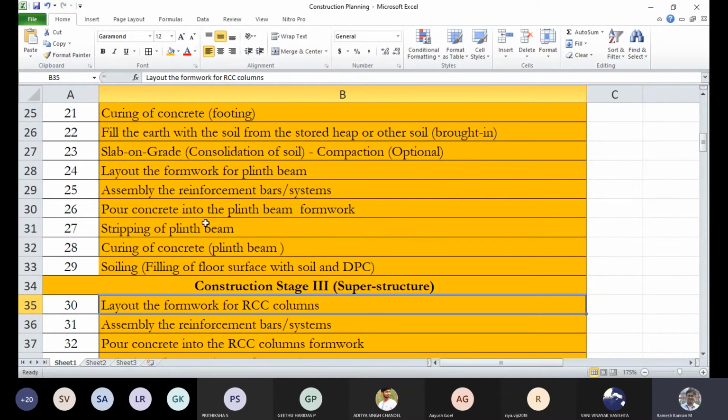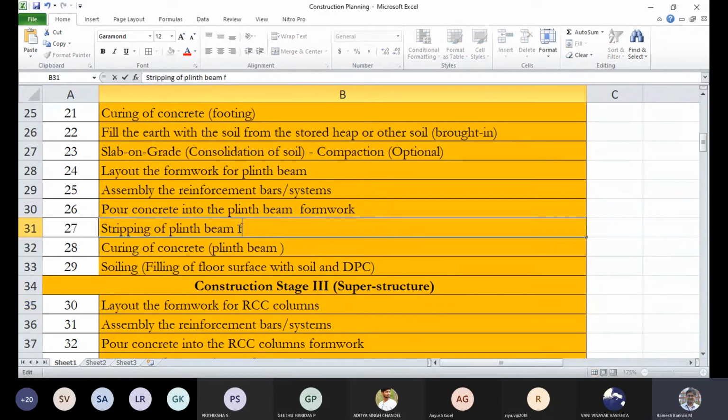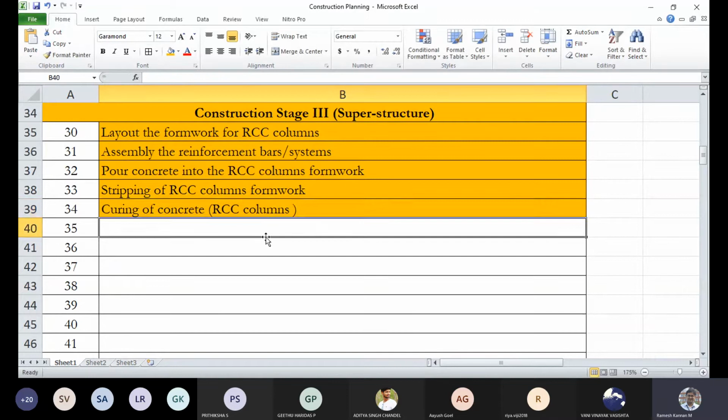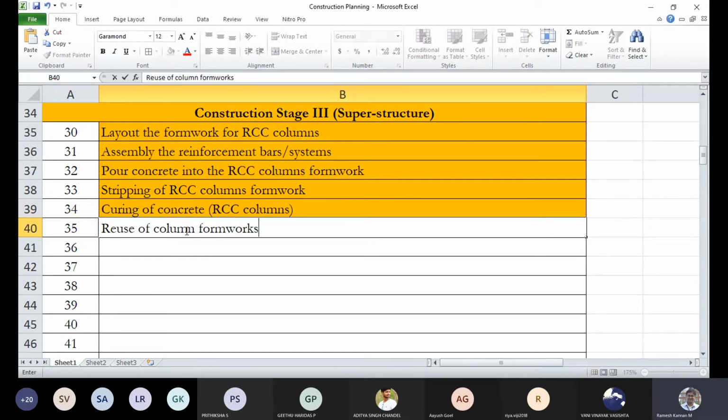Here, stripping of plinth beam formwork, then curing of RCC columns, and the formwork gets reused. So here you can even say there will be a lot of columns, then reuse of column formworks. So that is an intermediate step here.